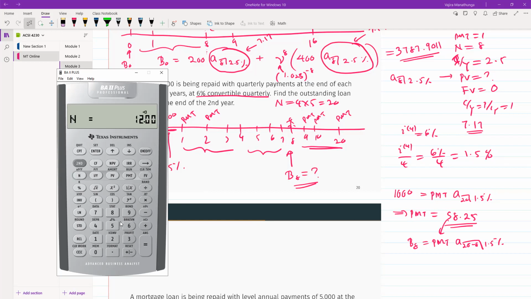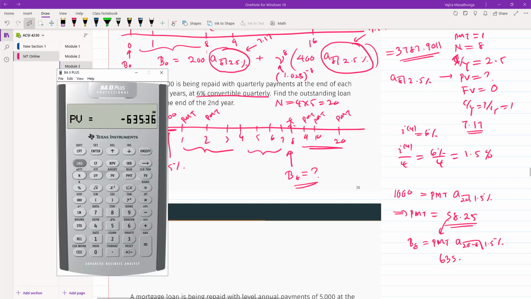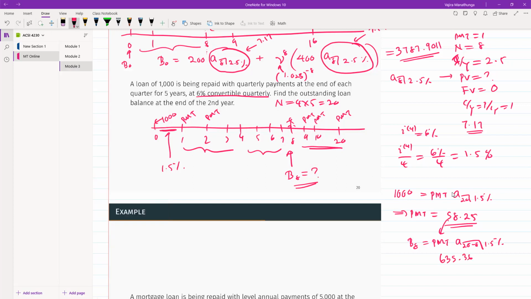And the payment as 58.25. 0 for future value. And then compute the present value. 635.26. That would be the outstanding loan balance using the prospective method. So I use the prospective method here.